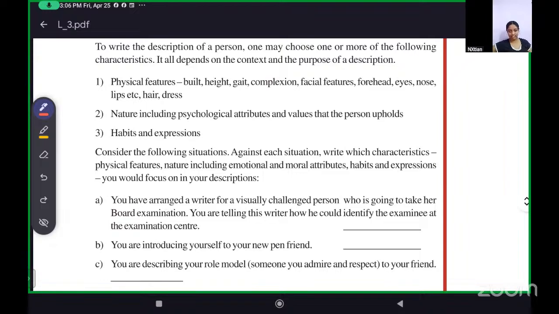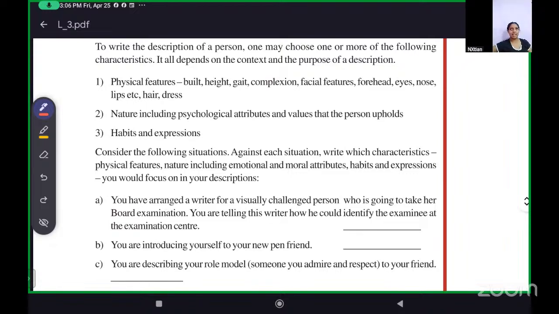When you reach the examination center, examination hall, at the left side of it, near the big wooden door, you will find a girl who is visually impaired, visually challenged.